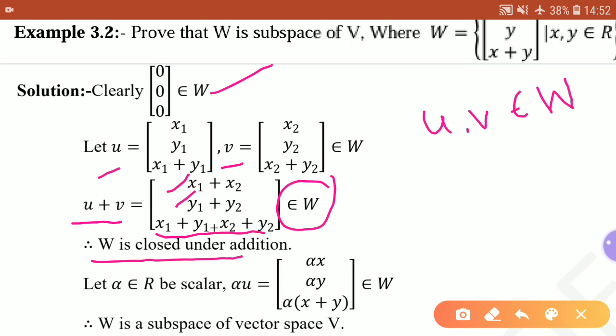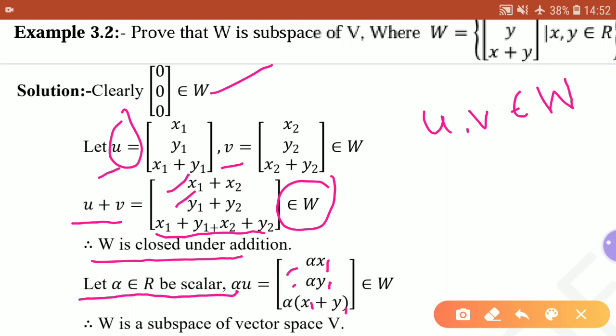It satisfies the closure property. Now for scalar multiplication, consider alpha belonging to R and multiply it with U. If you multiply this U by alpha, you will get alpha times (x1, y1, x1 plus y1), so alpha U equals (alpha x1, alpha y1, alpha times x1 plus y1).